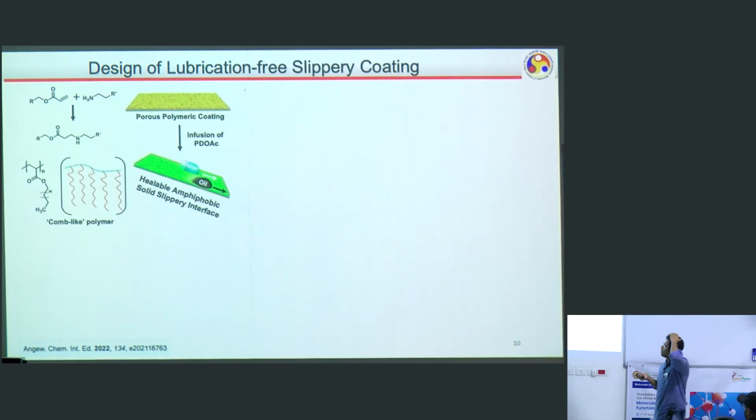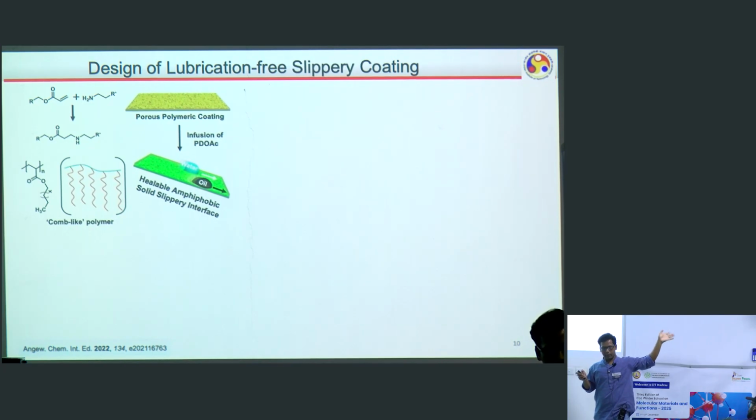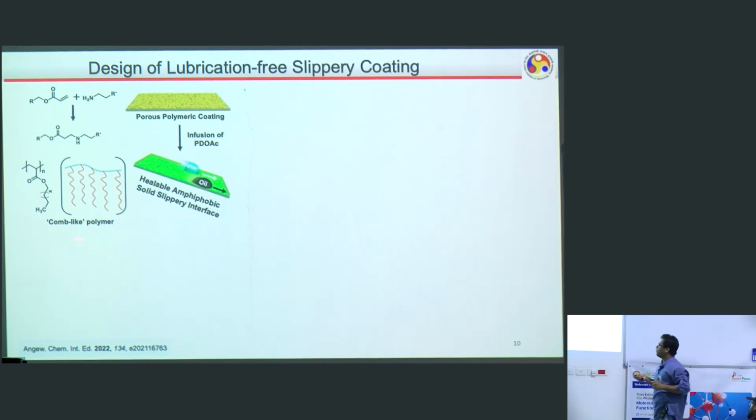How do we do that? It's the same porous polymeric coating that I discussed in the last few slides, and we have taken this comb-like polymer. If you take this polyoctadecyl acrylate, the octadecyl group undergoes hexagonal packing. It's a crystalline polymer and it undergoes phase transition.